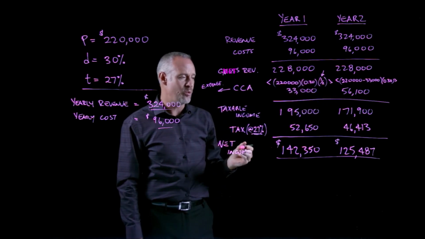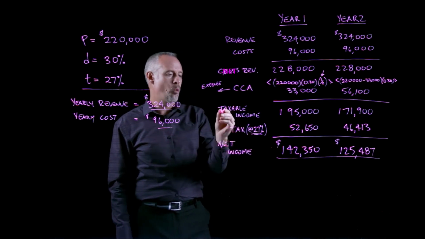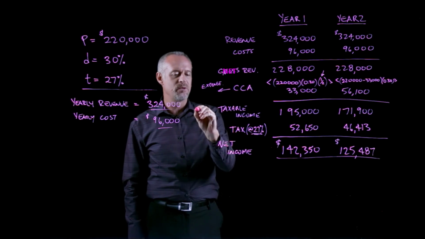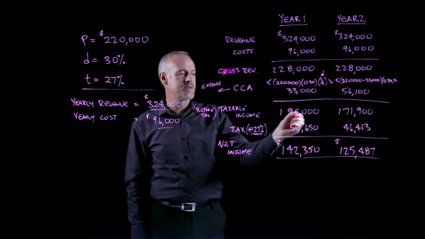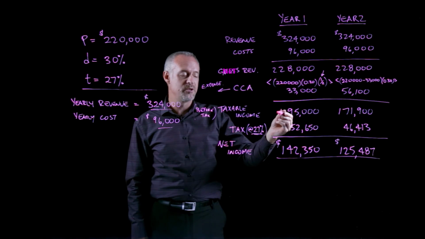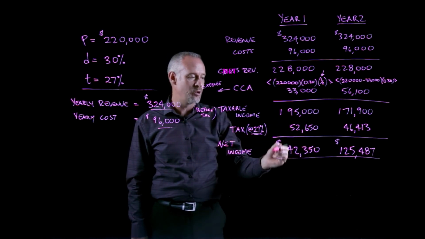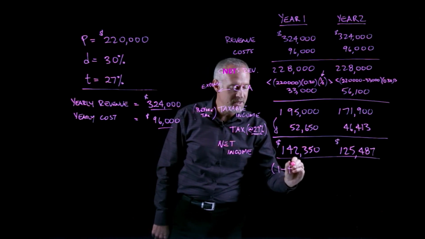It's important to note that when we have any before tax cash flows, we can convert those to an after-tax cash flow by multiplying by 1 minus t.